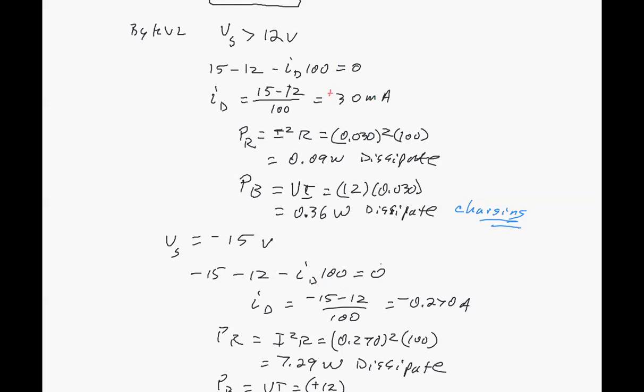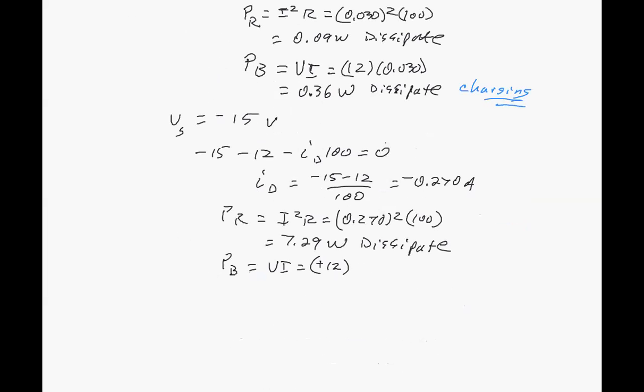So plus 12 volts, but we've now got this negative current, negative 0.270 amps, and that equals minus 3.24 watts, and now we're generating, right? Generating power from the battery is equal to discharging the battery, right?